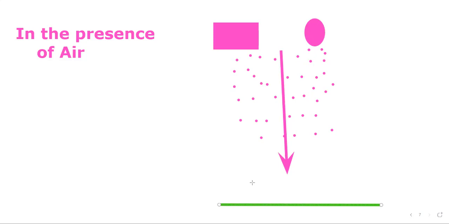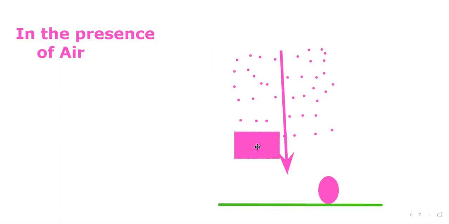In the case of Galileo, we know both objects reach the earth's surface at the same time, but here I'm pretty sure that this object will reach earlier and this object will reach later.